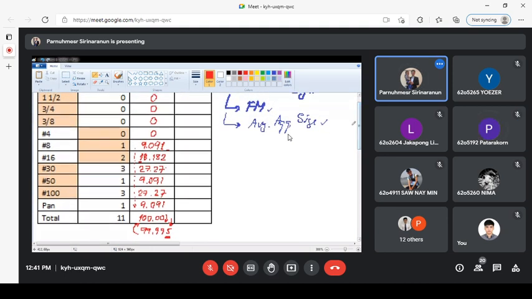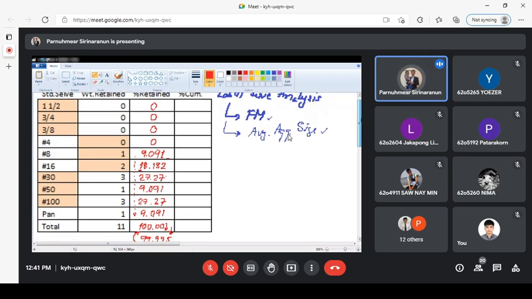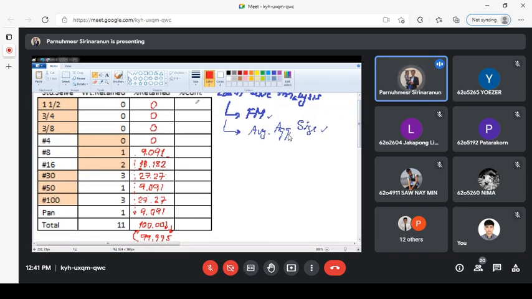So after you compute the percentage retained on each sieve, next compute the cumulative percentage retained. For this sieve, 0. For this sieve, 0. That's right. You should do like this: sum from the top until your sieve number.